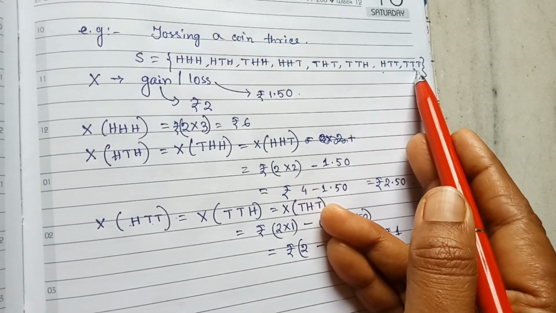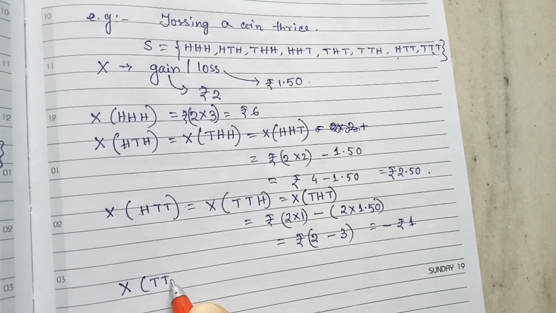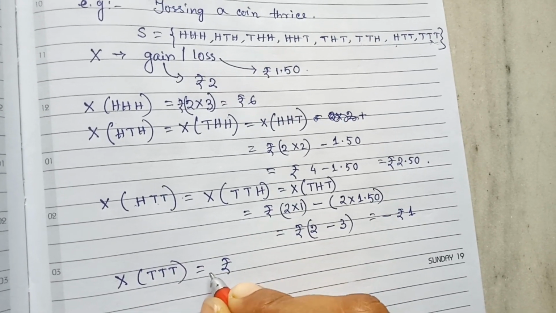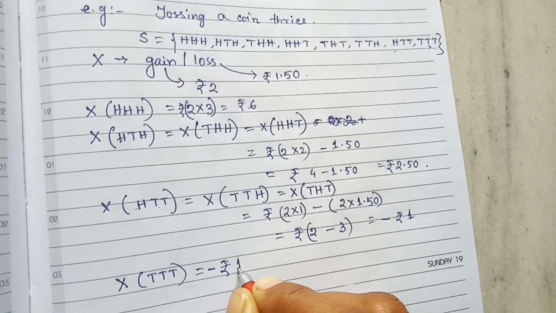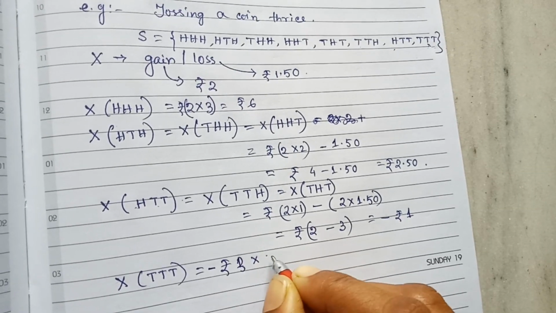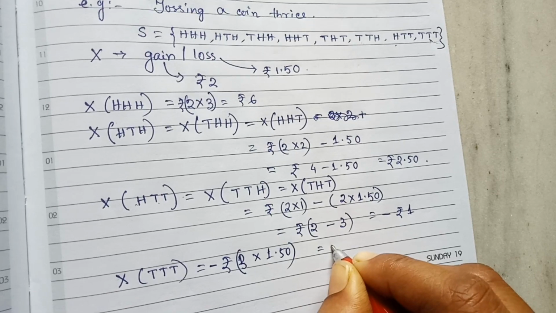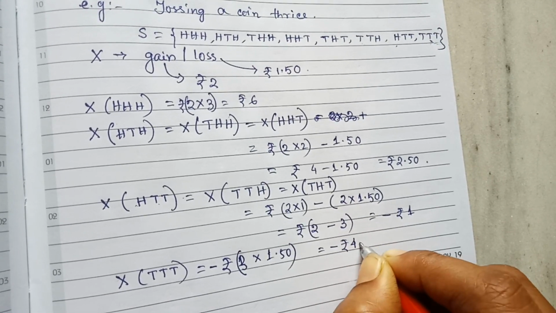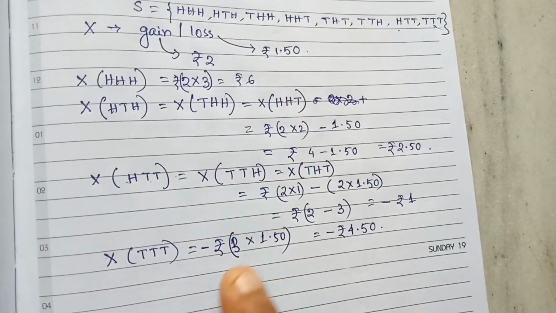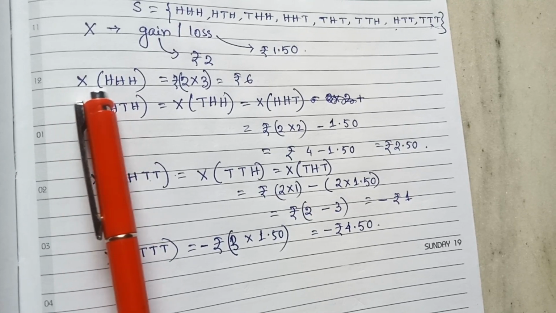Then what is left is the one having 3 tails, and this is only about losing something, so minus 3 into 1.50. We are getting minus ₹4.50. So for all 8 sample points we have found the values by the assigned rules.